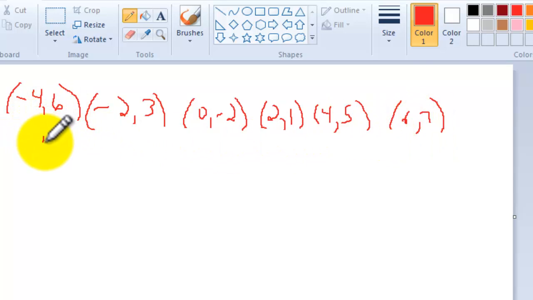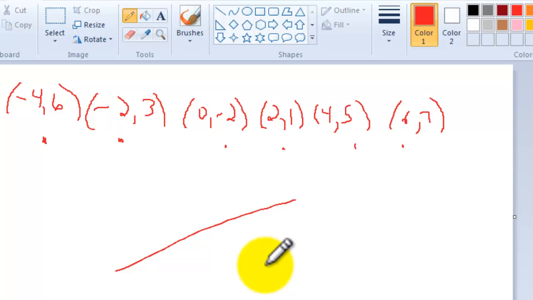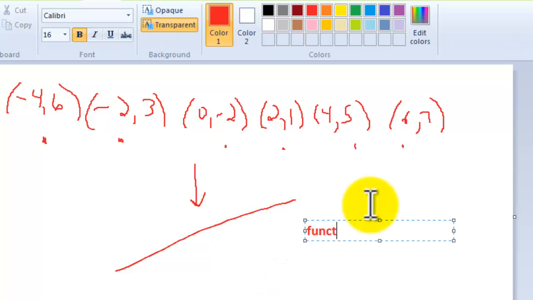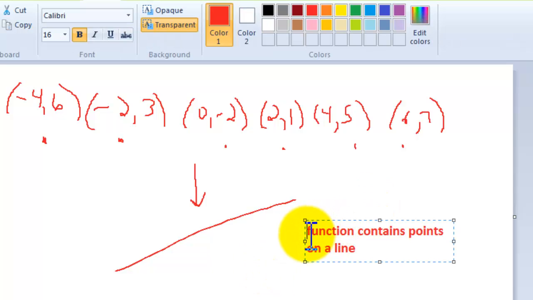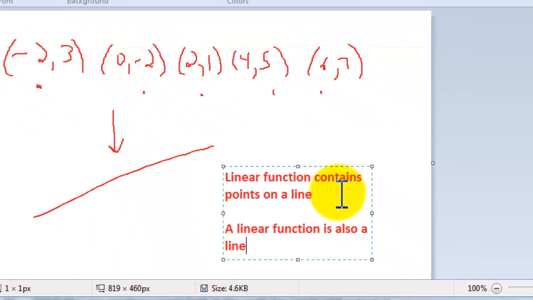These all are points. Every single one of them you can find is a point, and they all come from one line. So a function that is linear. So a linear function contains points on a line, and a linear function is also a linear equation. And you're learning about the linear equation.